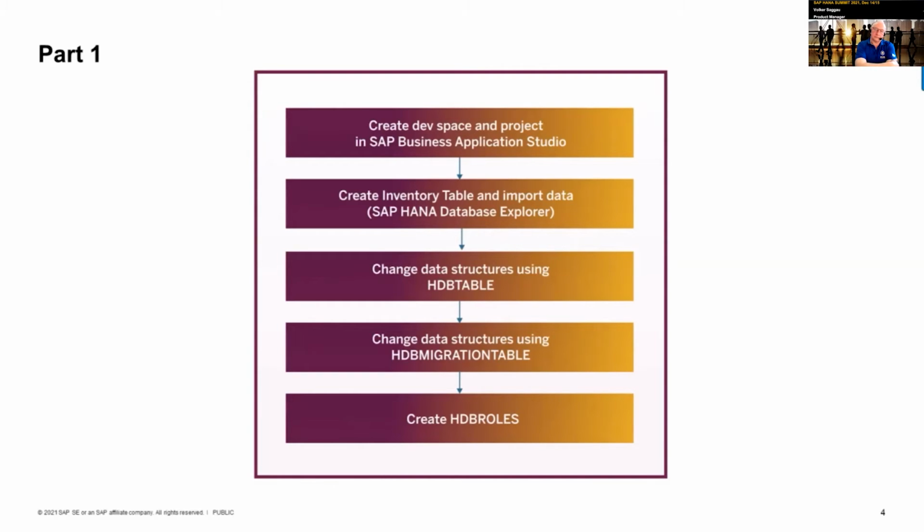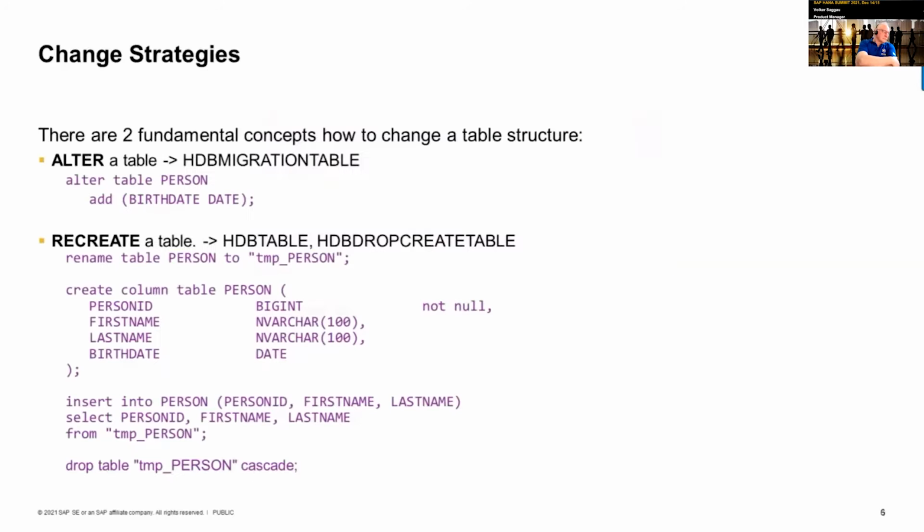I'm going to a slide to explain that in general. So what we have done is HDB table. The lower thing, what happens, just it's pseudocode. It's not exactly what's happening, but that you get an idea. So person in this sample will be renamed to temp person. We will create the new structure, and then we will copy the data from the temp structure into the new structure.